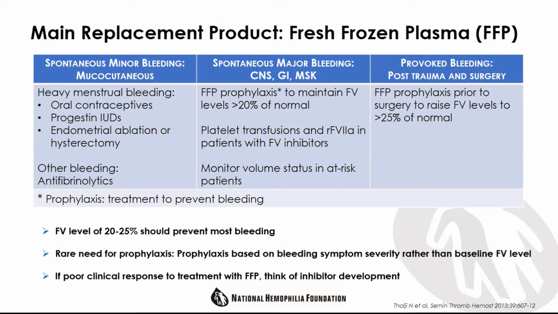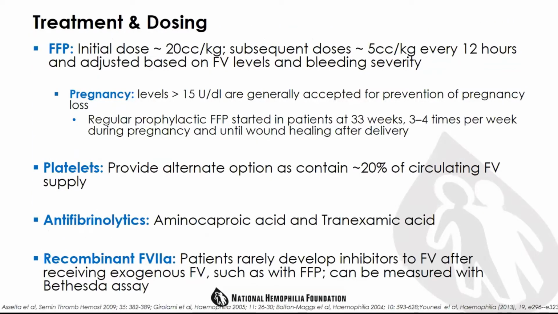This is usually based on the bleeding symptom severity rather than the baseline factor V level, because as I had mentioned earlier, factor V levels do not always correlate with bleeding symptoms. So this particular slide is basically summarizing all the treatment modalities we have available for factor V, starting with fresh frozen plasma, where the dose has to be decided by the provider, and the bleeding symptoms, whether it is a surgical procedure or not.